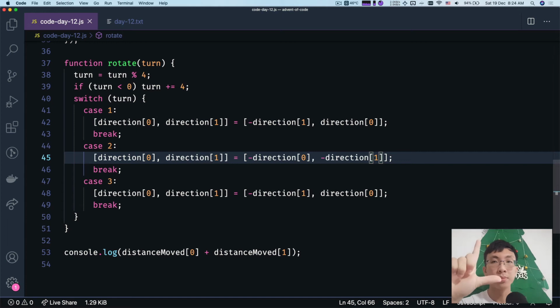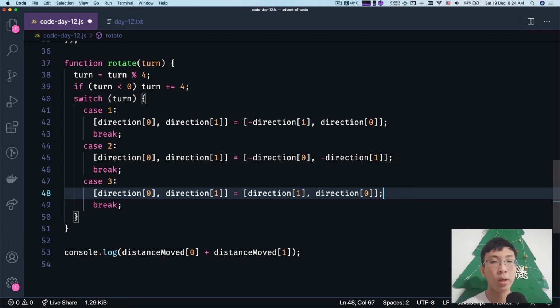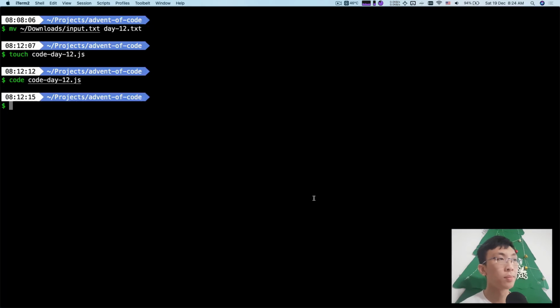So again negative: the x will be the y value, and the y value will be the negative of the x value. Okay, so I believe this is it, and let's give it a run.